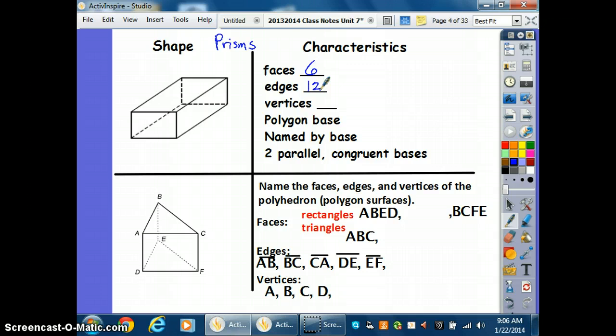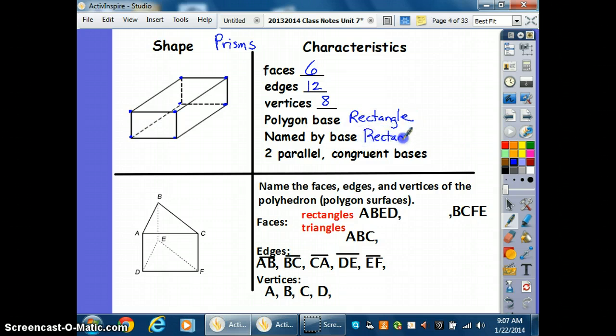Now vertices. This is where the edges meet. 3 edges meet. You can see there's 4 up here, and then there's 4 on the bottom. So a total of 8 vertices. Our polygon base, it's sitting on a rectangle and it's named by the base.